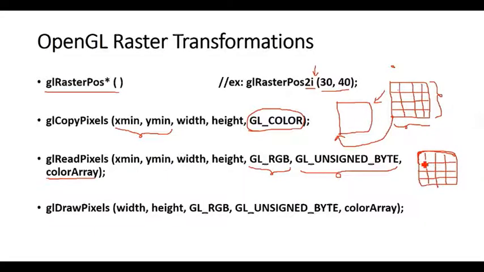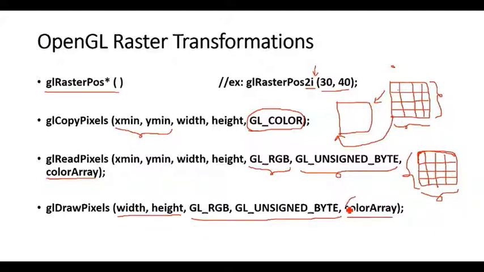Once this matrix is ready with the values of the transformation that you wanted to do, you can put it back into the frame buffer using GL draw pixels. GL draw pixels again puts it at the current raster position in the frame buffer. Here you are giving width and height of this array, how much you're drawing, the color values and data types are the values that you're putting, and the values are present in color array.